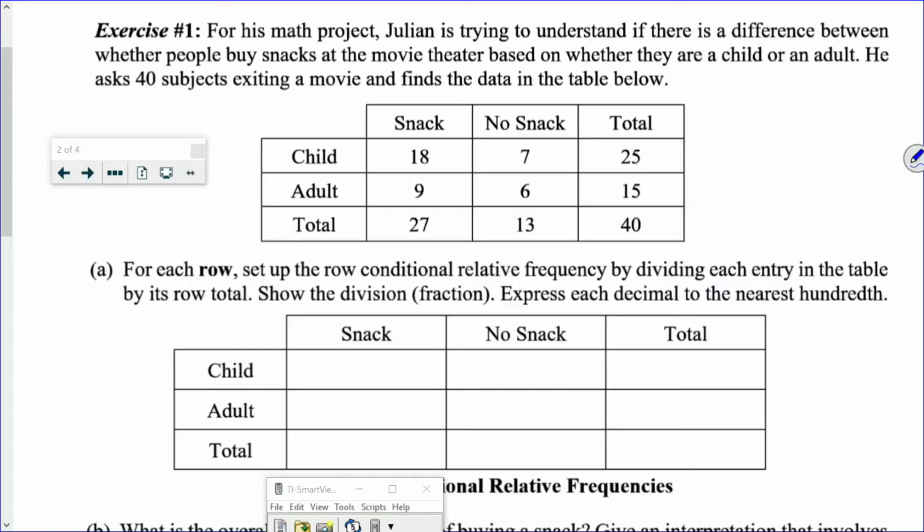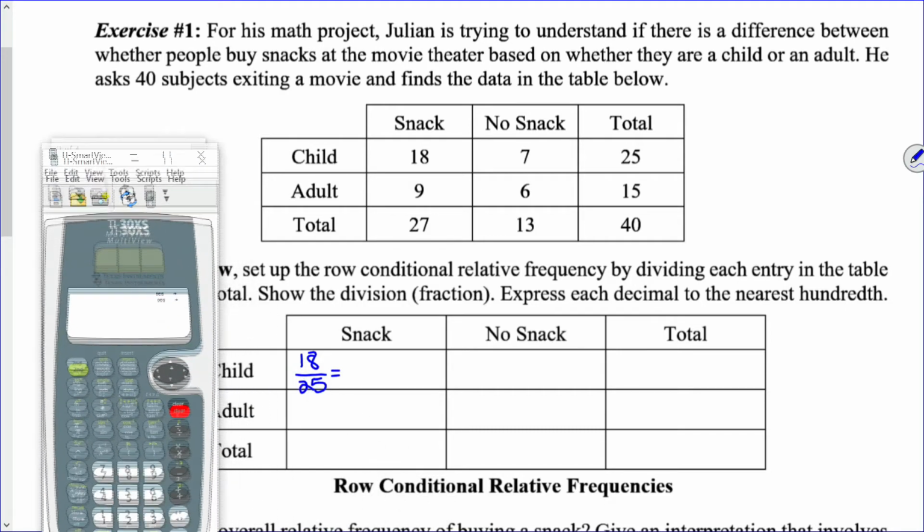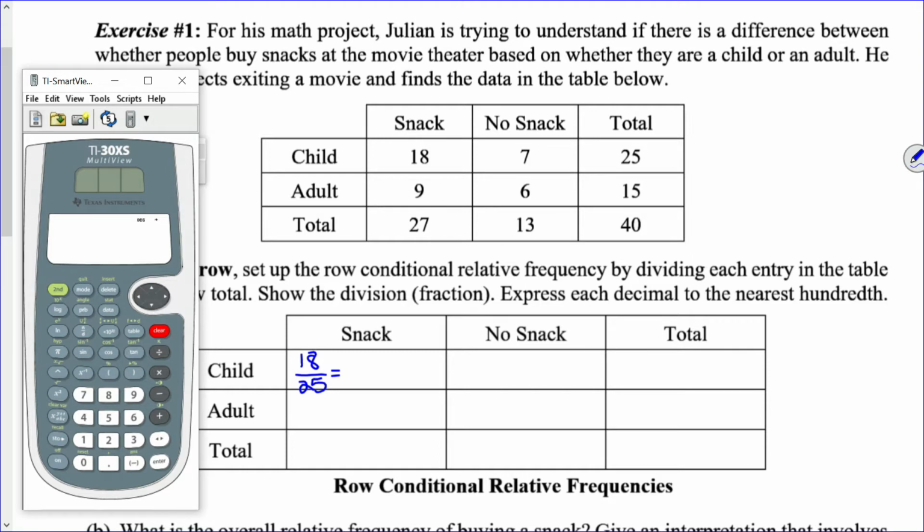In this first one, I want to do 18 divided by its row total, 25. This one's going to work out quite nicely because 25 is such a nice number. 18 divided by 25, I shouldn't even need to round, and I don't. That's going to be 0.72.